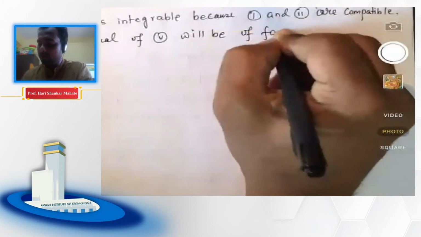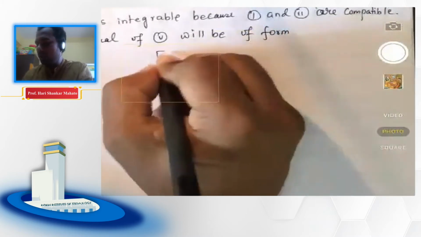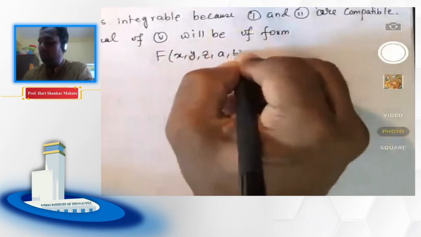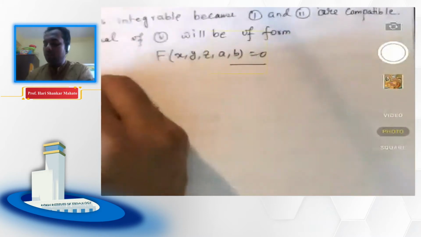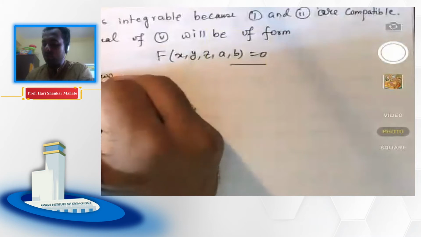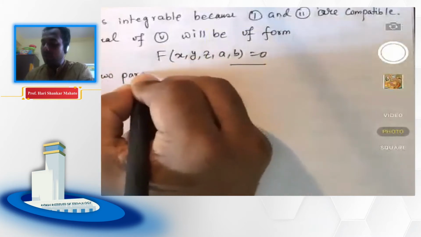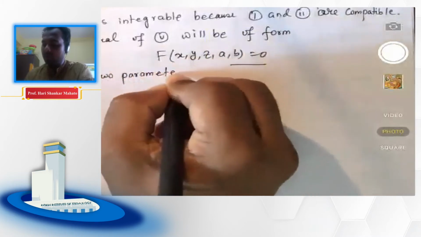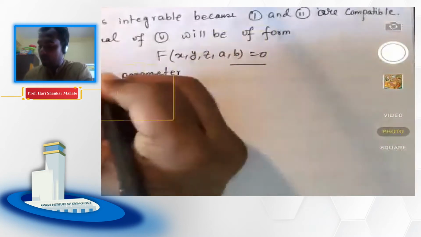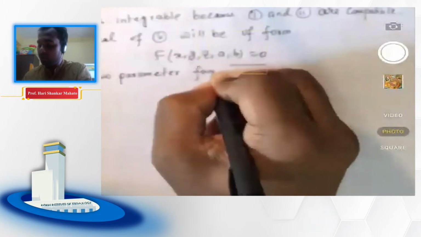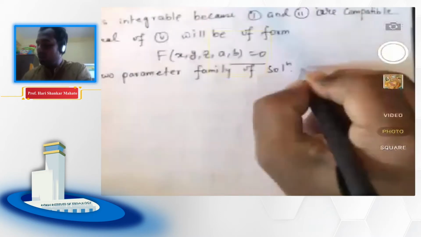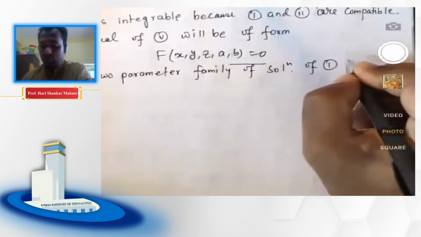of the form, let's say capital, after you integrate you might end up obtaining some capital function, which is a two-parameter family of solution, where a and b are the parameters, of 1.